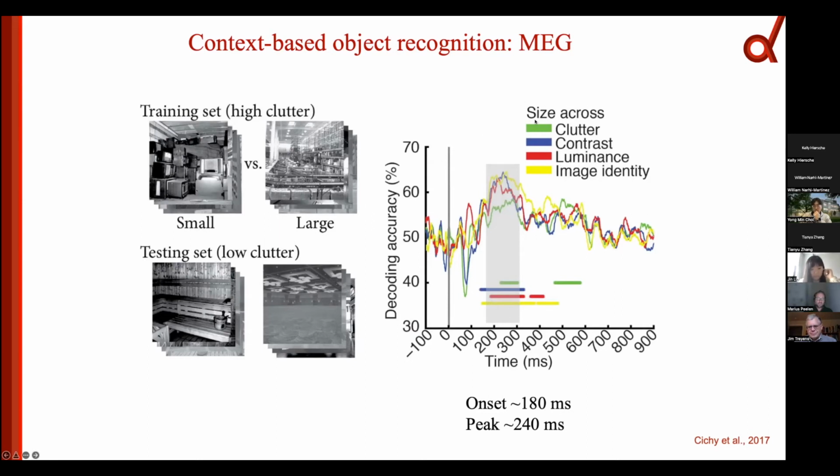So they always decoded the size of the scene, but across either clutter, as shown here, contrast, luminance, or image identity. So they were all ways of getting at this rather abstract representation of scene layout. And what they find is that this is possible from around 180 milliseconds up to about 300 milliseconds after stimulus onset. So this gives us some indication that the scene information is extracted around 200 milliseconds after stimulus onset. So any modulatory influence on object representations might happen after that.